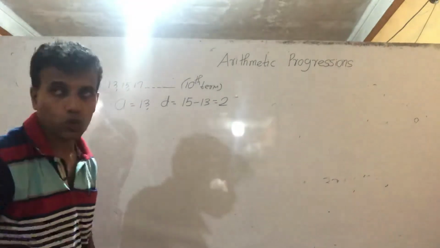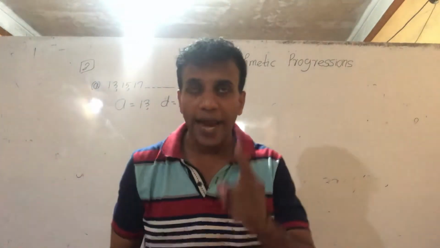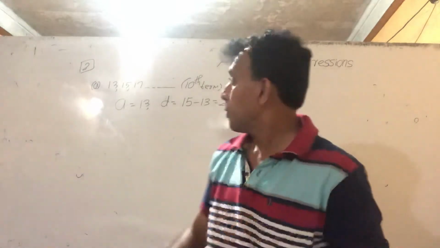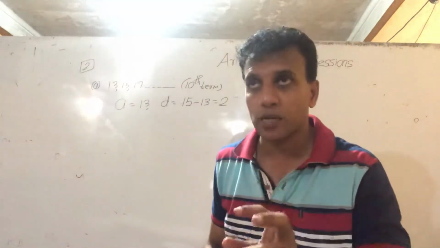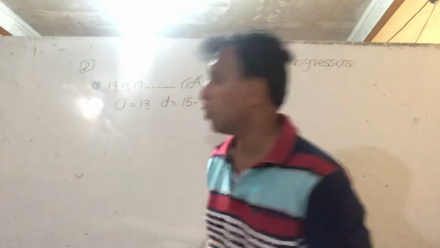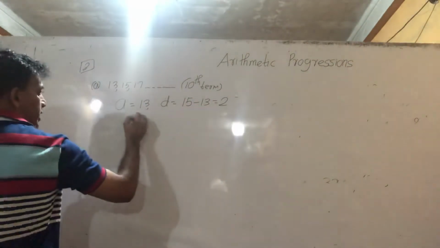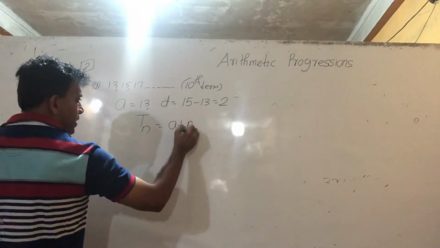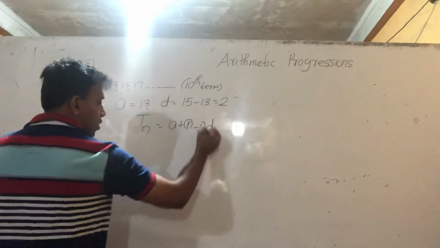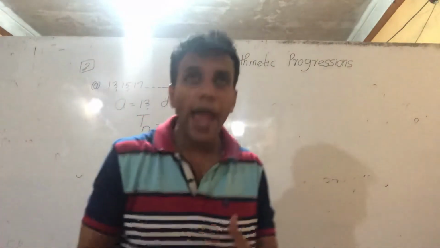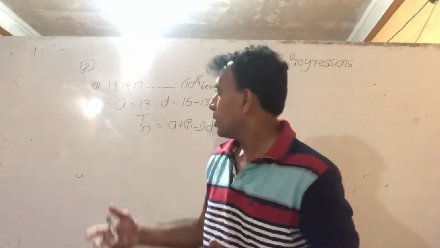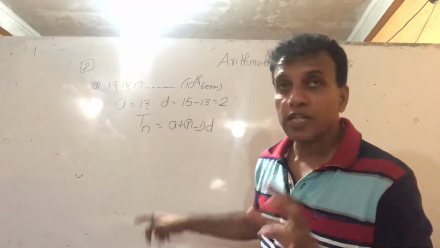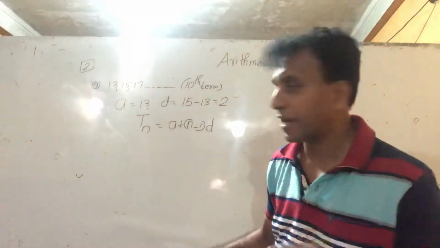Common difference 2. Now you write the nth term formula because they ask to find the 10th term. Tn equals a plus n minus 1 into d. Always write the formula and follow the answer hereafter. Now substitute. We need the 10th term, T10, right?